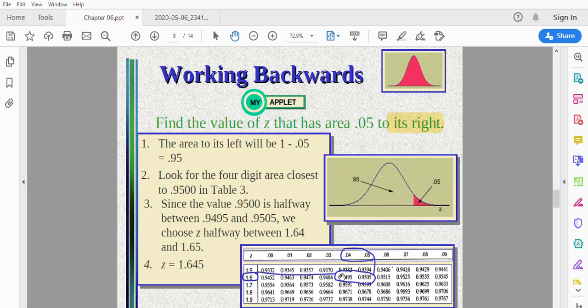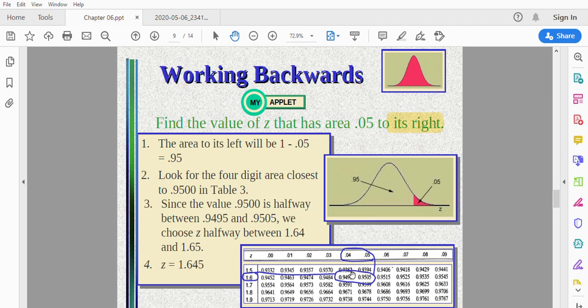Here it's in between these two values, right? We choose the value that is halfway between 1.64 and 1.65. So we simply add them and divide by 2, and we will get 1.645, because it's between.